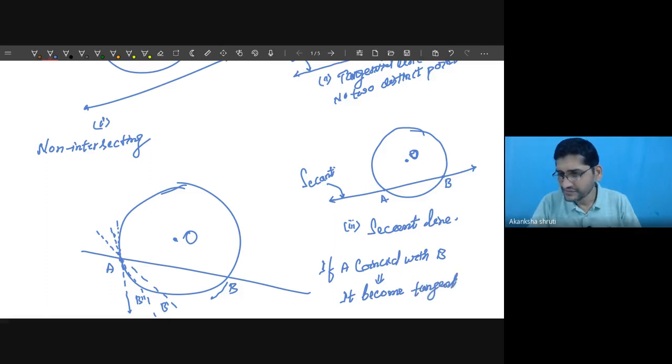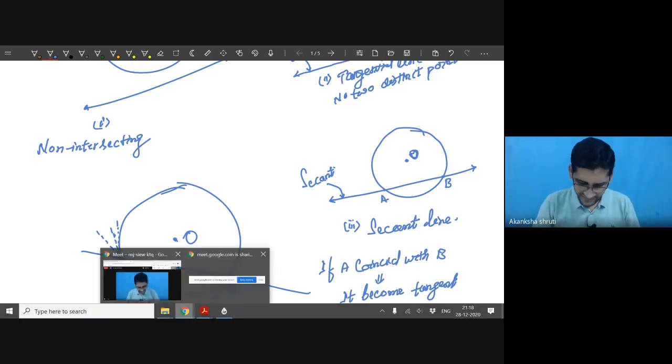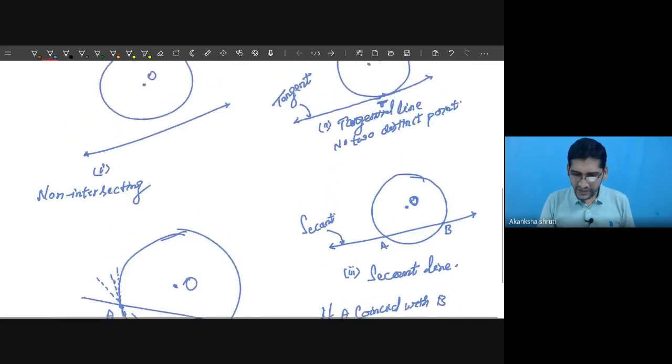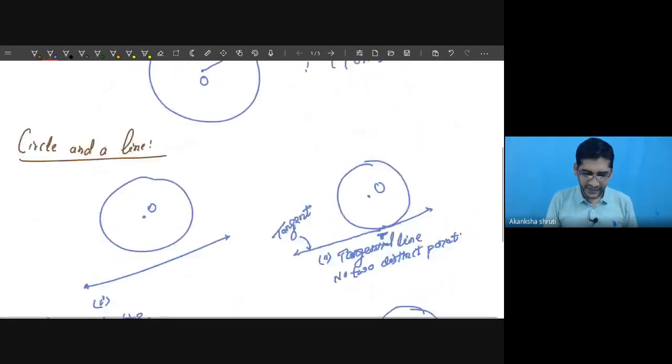It becomes a tangent. So it is this one. Okay. So this way we have to understand what is the tangent, what is the secant.